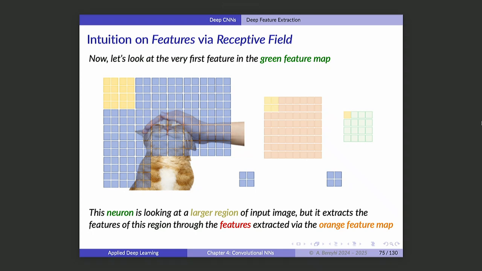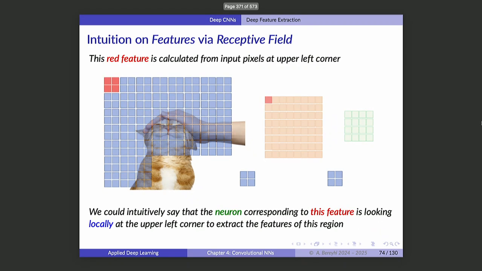In the second layer, my first feature is going to look at the top left corner of my feature map in the first layer. And that is going to be much higher at the input, right? Now, in the first layer, this is 2x2, correct? The receptive field is 2x2.